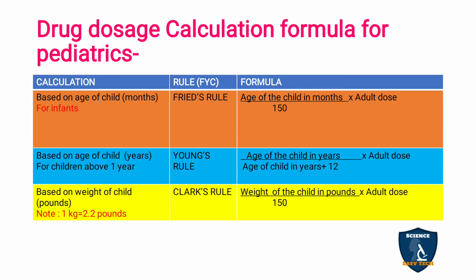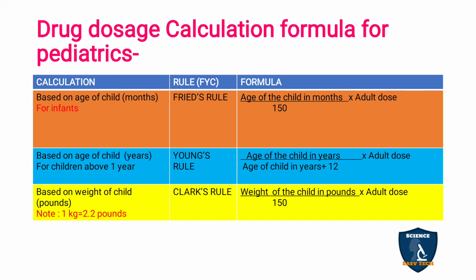So here, you have to convert kg into pounds. The conversion is 1 kg is equal to 2.2 pounds.